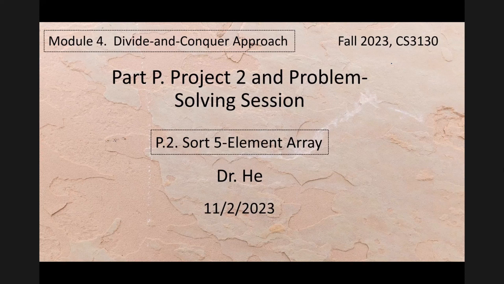That will lift you to a good level. Otherwise, after you finish this class, you do not know how to find the median of 5 in the best way, and how to sort a 5-element array in the fastest way. That's not good. Okay?